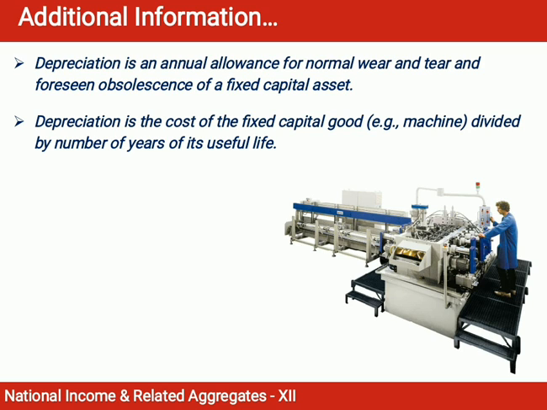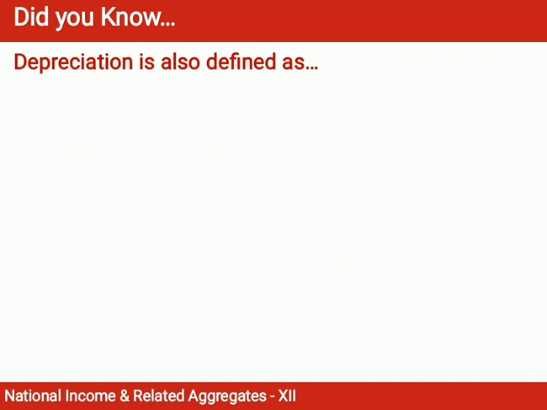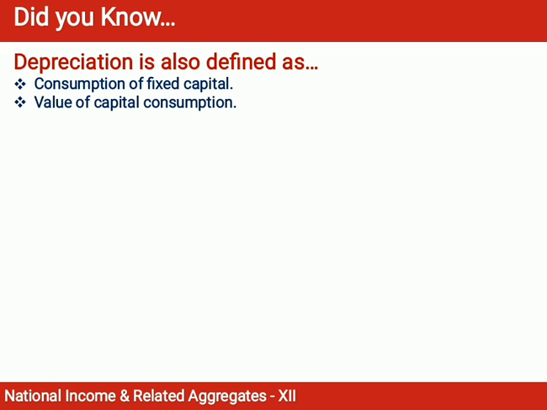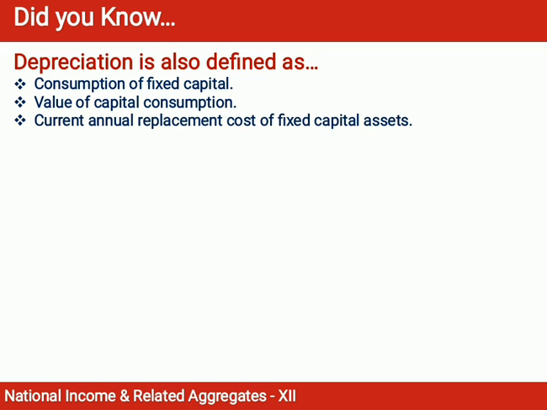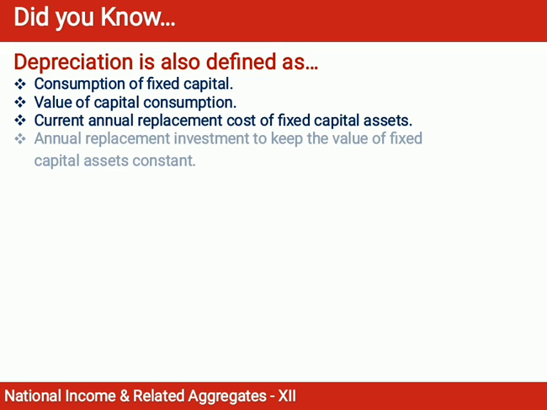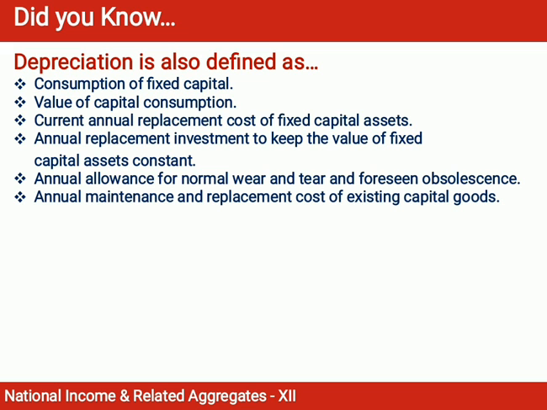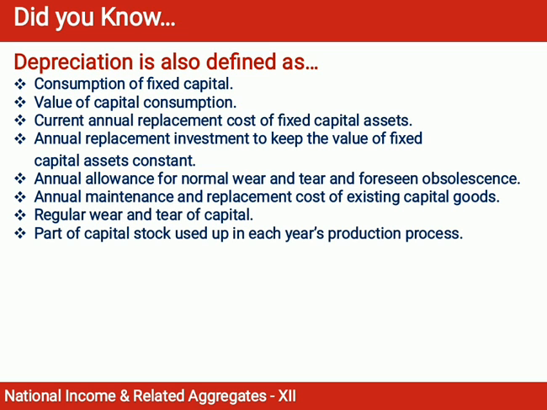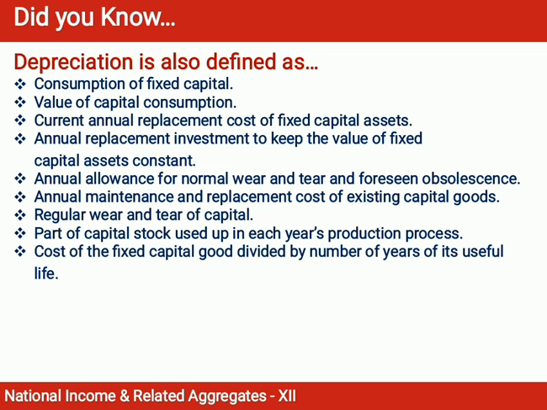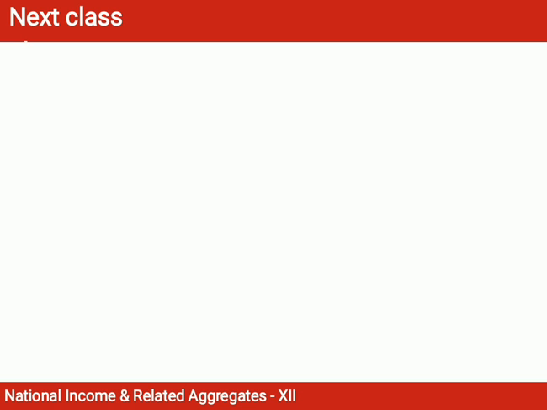Depreciation is the cost of using capital assets. The other names are consumption of fixed capital, value of capital consumption, current annual replacement cost of capital assets, annual replacement investment to keep the value of capital assets constant, annual allowance for normal wear and tear or foreseen obsolescence, annual maintenance and repair cost of existing capital goods, regular wear and tear of capital, part of capital stock used up in each year's production process, cost of the fixed capital goods divided by the number of years of its useful life.